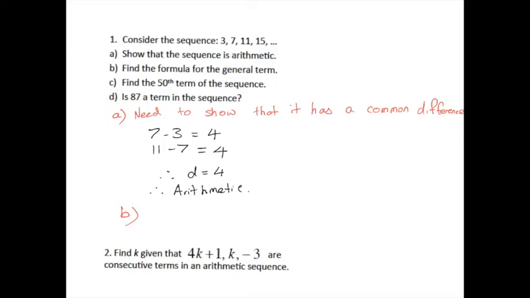What is U1 in this case? 3. U1 is 3. Now let's write down the formula for U_n. U_n is U1 plus (n minus 1) times d. That's the formula. So can someone put what we can in there? What can we do?